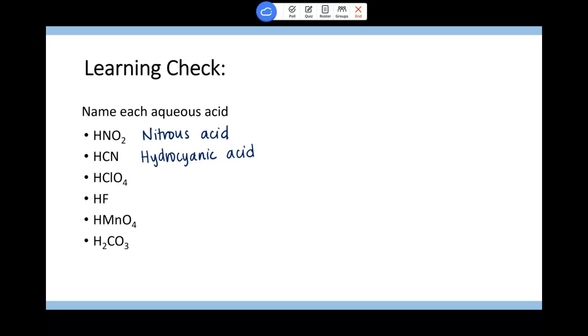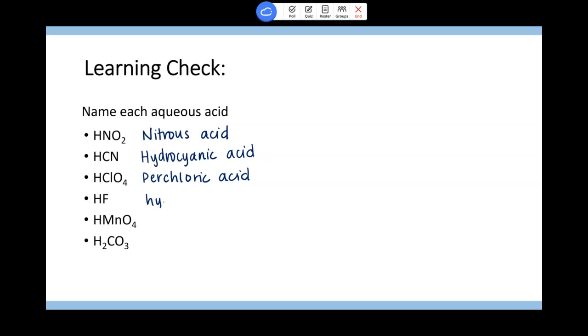Next, we have hydrogen with a perchlorate anion. So the acid version, we change perchlorate to perchloric acid. Next, we have a binary acid.